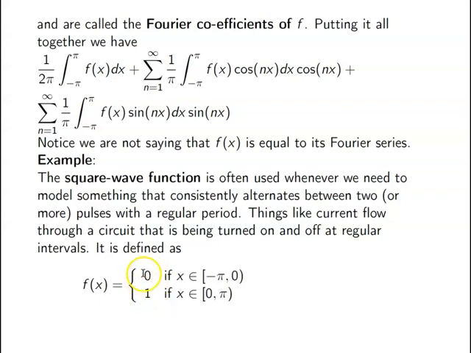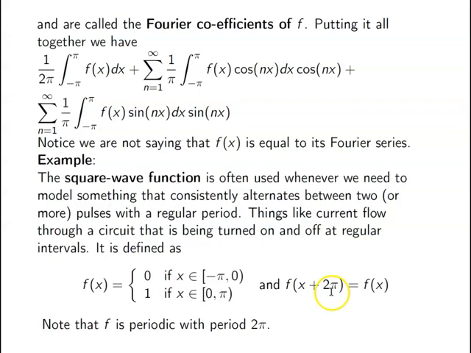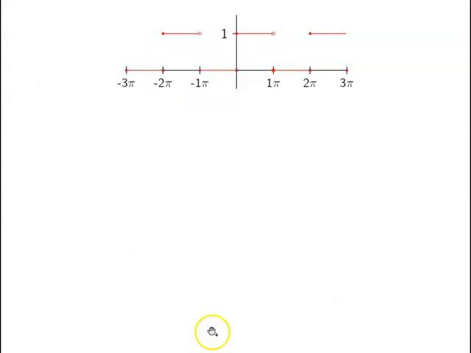I'm 0 when I'm off, from negative pi to 0, and then I'm on from 0 until pi, when I would turn off again. This function is periodic with a period of 2 pi. So this 0, 1, 0, 1 alternates with a period of 2 pi.